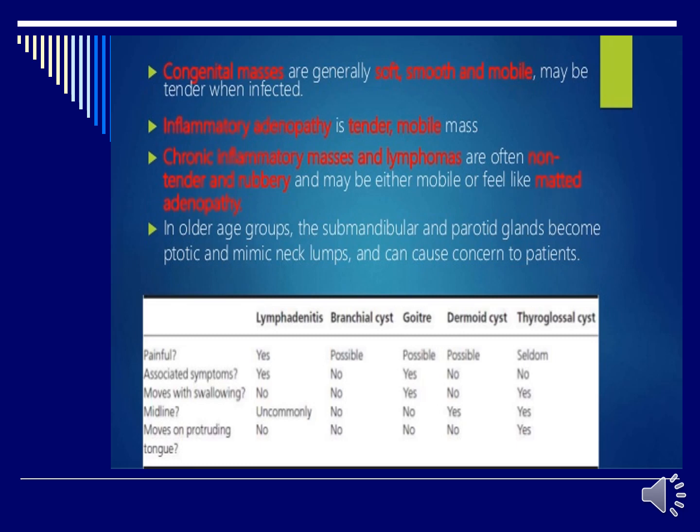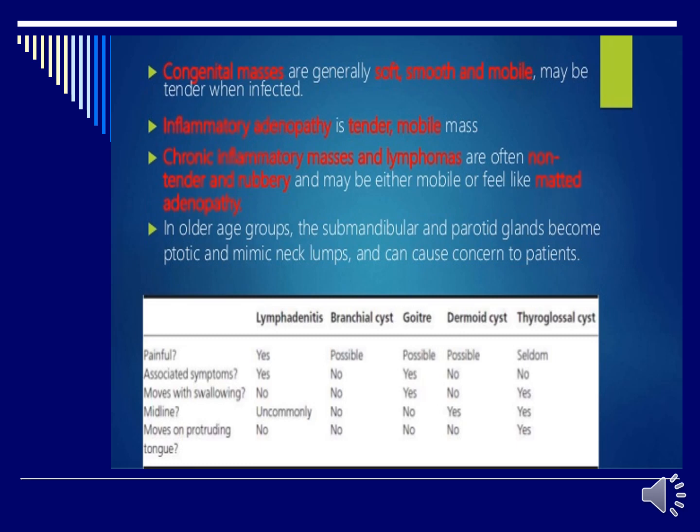There are points that matter in the examination. In congenital masses, they are generally soft, smooth and mobile. When do they become tender? If there is infection of a thyroglossal cyst. Inflammatory masses are tender and mobile in acute cases, while chronic masses, chronic lymphadenopathy or lymphoma are often non-tender and rubbery, and may be either mobile or feel matted together.